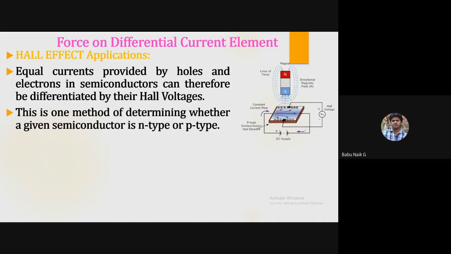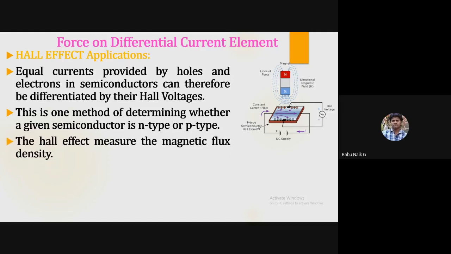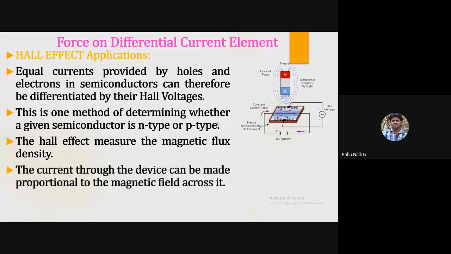Okay, so this is one of the advantages of the Hall effect. And not only to find N type and P type semiconductors, another use is that we can calculate the magnetic flux density throughout the conductor, and we can calculate the magnetic field across some devices.